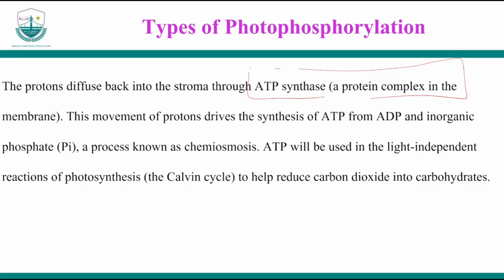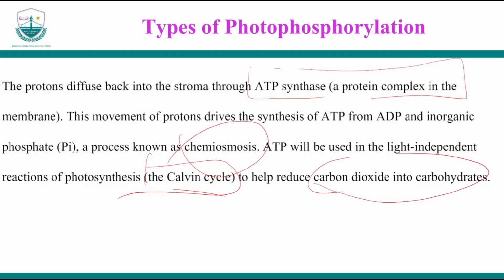That means you have ADP combining with inorganic phosphate to form ATP, through a process called chemiosmosis. This ATP will later on be used in the light independent phase of photosynthesis, that is the Calvin cycle, as we shall see later on. It is that ATP that will be used in the reduction of carbon dioxide into carbohydrates.